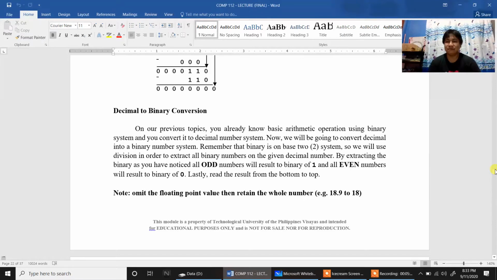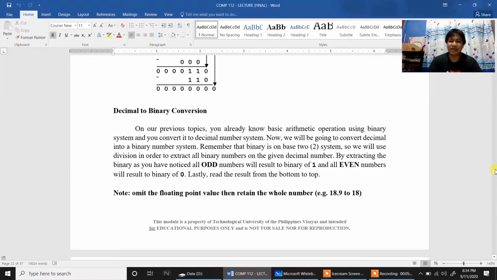So that's the conversion of decimal to binary. The last part after you divide is the 1 at the end. Later on, you will know what it is. Then note, omit the floating point value and retain the whole number.